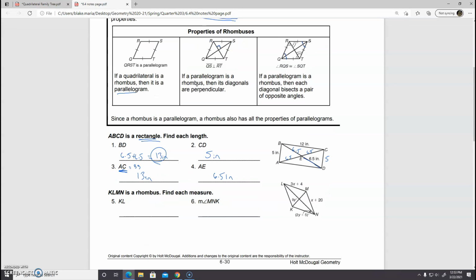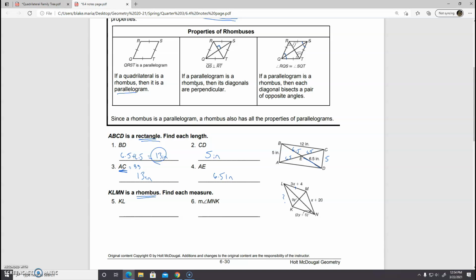Then we're going to move on to rhombus. So again, we're going to use everything we know about rhombus or parallelogram because a rhombus is a type of parallelogram. The first thing they want me to find is KL. And you might say, oh no, there's nothing here, right? There's nothing on KL. But if we remember the definition of rhombus is 4 congruent sides.